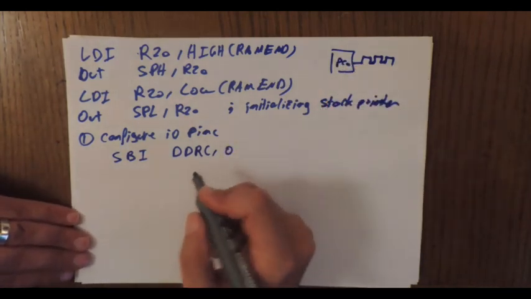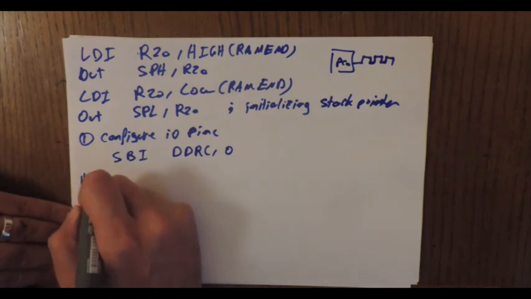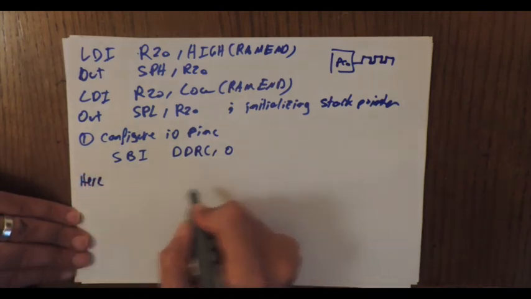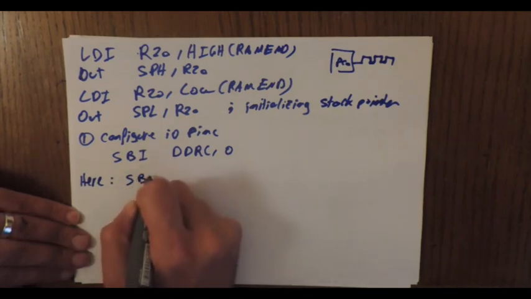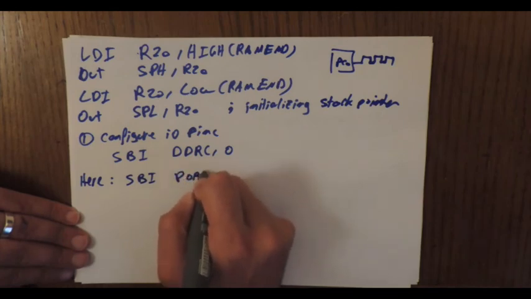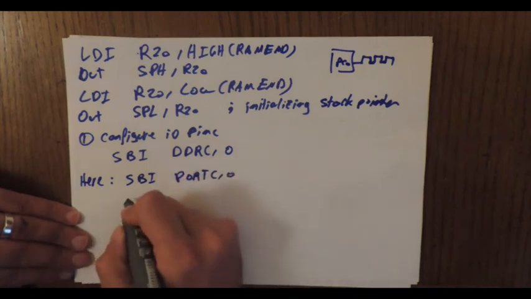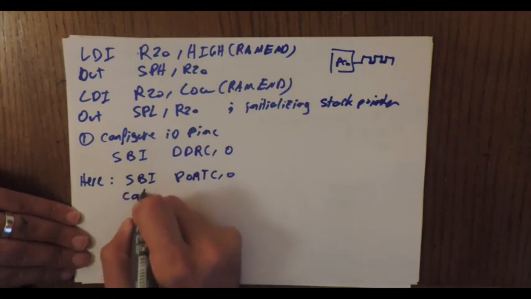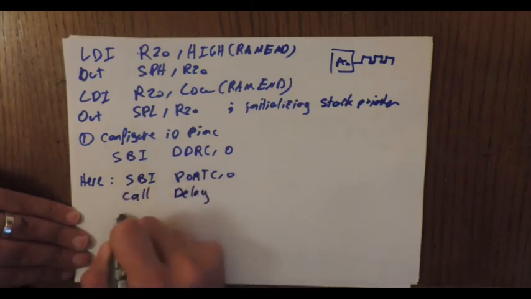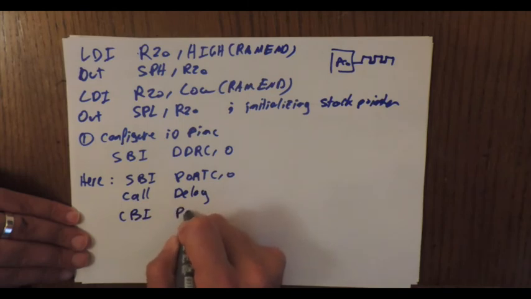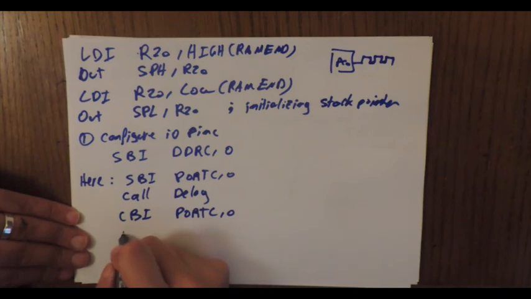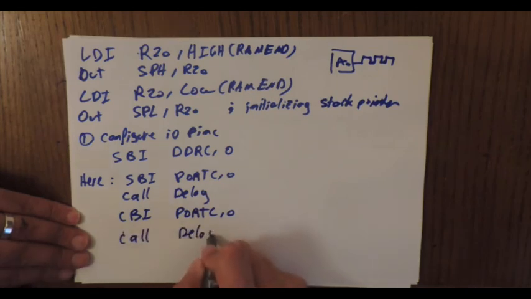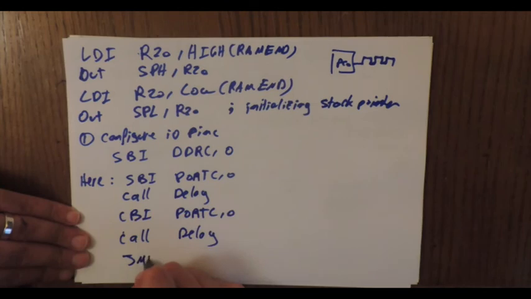And then I need to create now an infinite loop, and in this loop I'm gonna first set port C, 0, call a delay, then I'm gonna clear port C, 0, and then call the delay, and we're gonna jump, we can use our rjmp here.